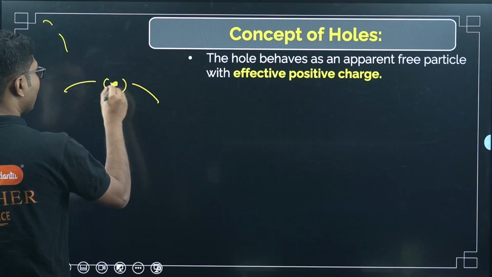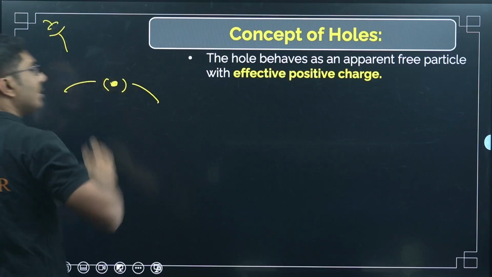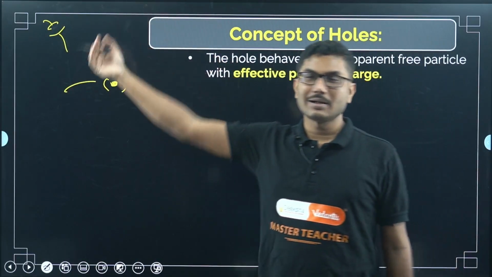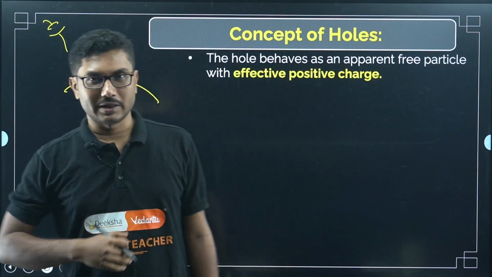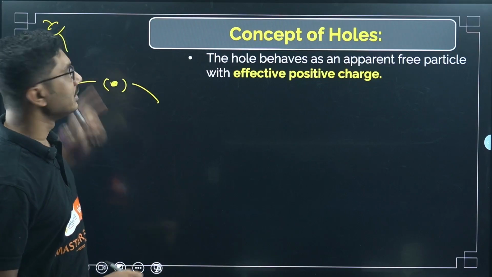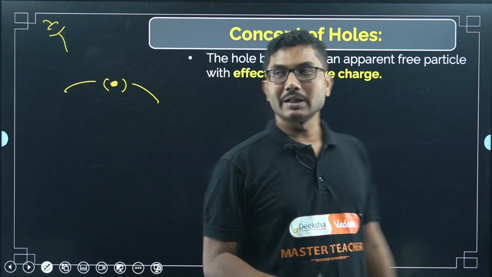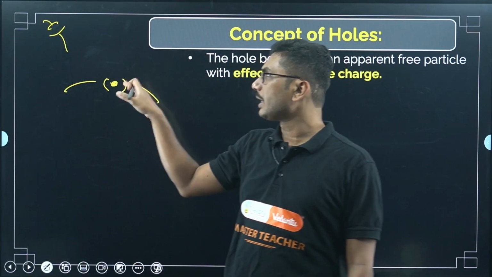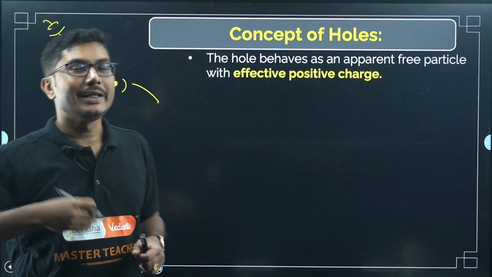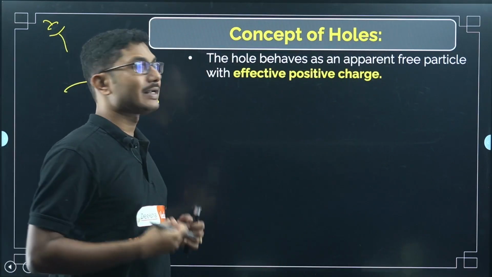There is no longer a hole there, but this will now be a hole. So a hole can transmit from one place to another via transmission of electrons. Only the electron is moving, but you can consider that the hole is also moving. If you ignore the transmission of electrons, the hole itself is moving. So the hole can be treated as an independent, free, effective positive charge.